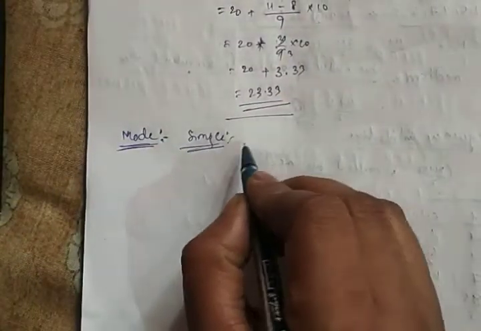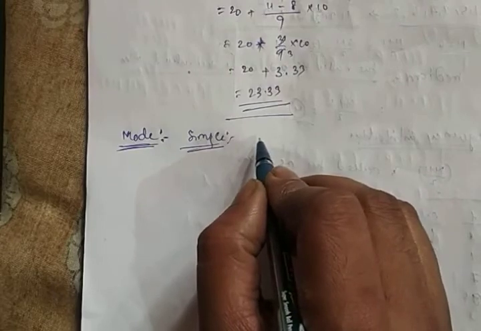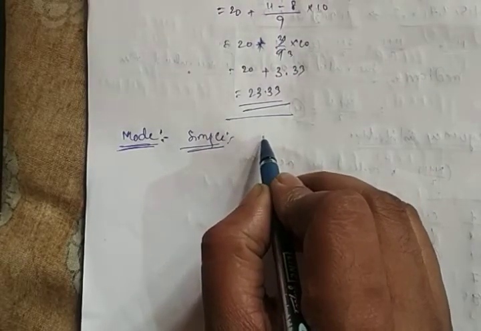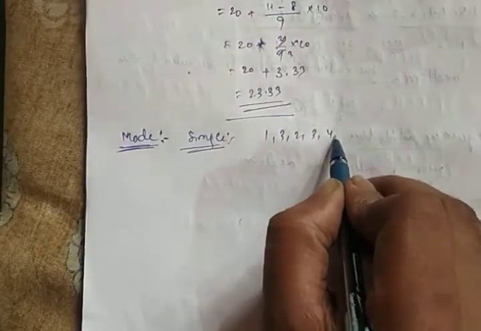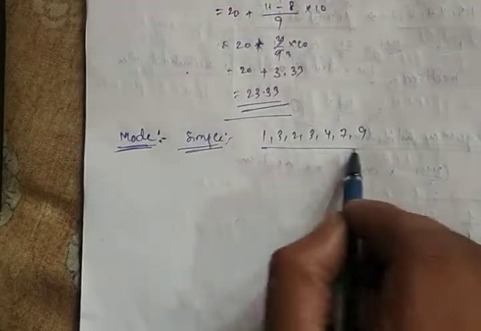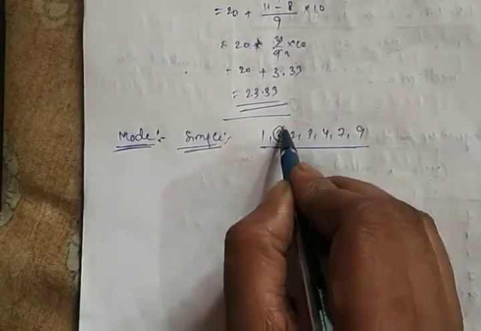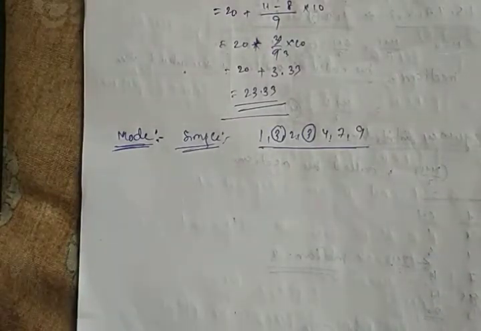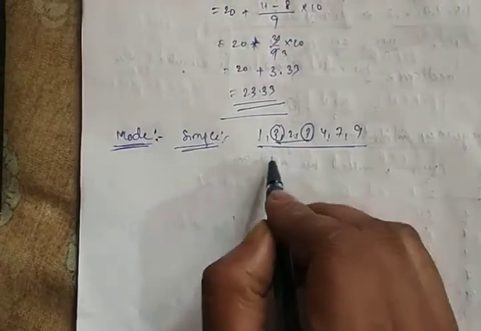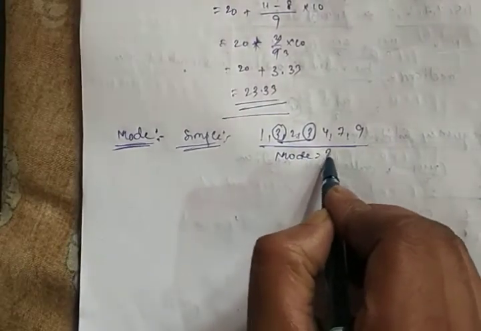For a simple distribution, if 1, 3, 2, 3, 4, 7, 9 is the given distribution, then we see that 3 occurs 2 times and the other values occur only 1 time, so the mode will be 3.